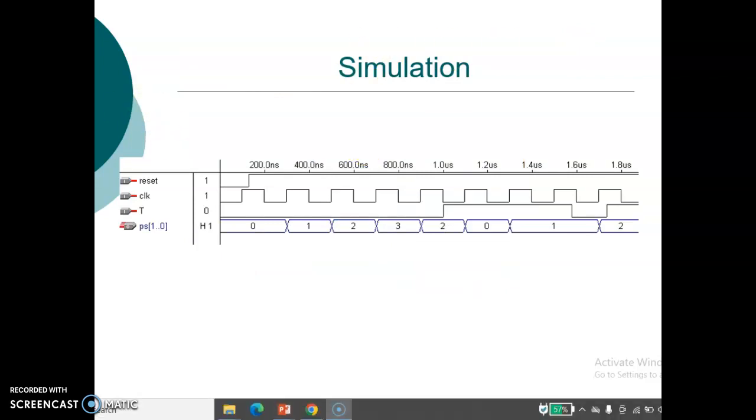Simulation. Reset. Clock. T. And then the present state.